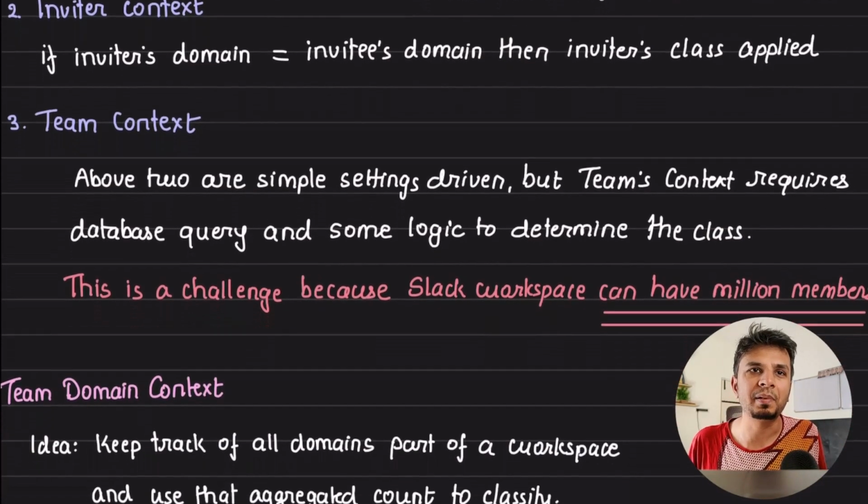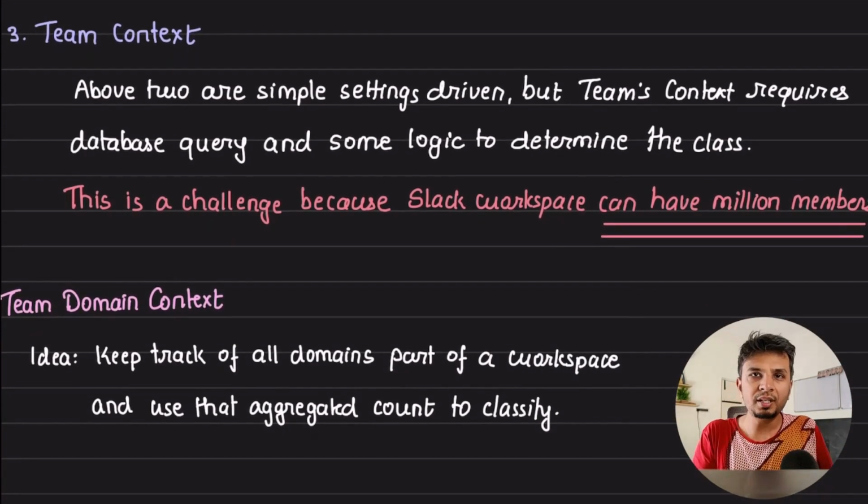Now here the challenge is that a workspace can have millions of employees. Slack does not put any restrictions so long as we give them money or we are on the paid tier. They typically don't put any restrictions on the maximum number of people we can invite. So a workspace may have millions of people.